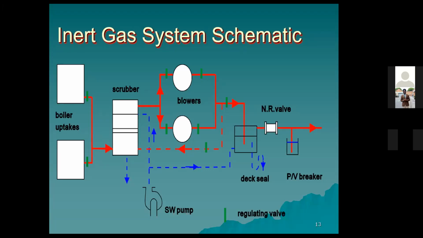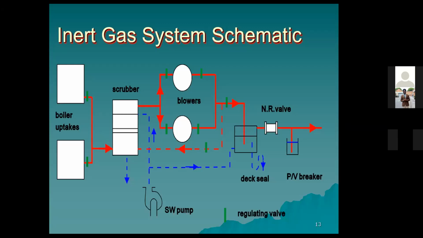So once the gas is washed and cooled in the scrubbers, it's sent to the blowers. The two blowers dry it, and then they send it to the dead water seal. You are aware the dead water seal has a kind of additive, an anti-freeze liquid inside, so it prevents the backflow of IG back to the system.